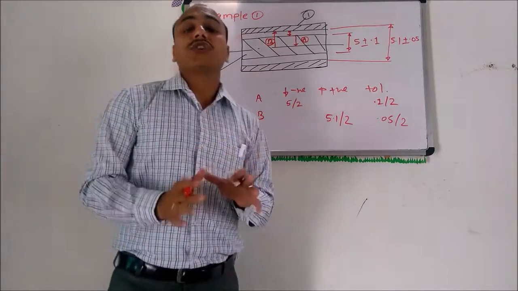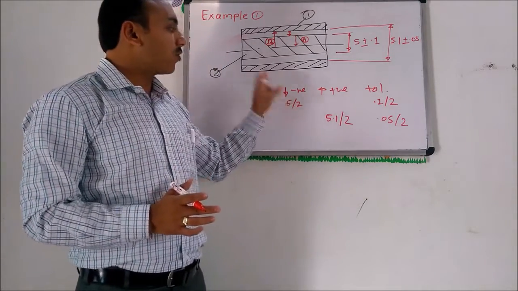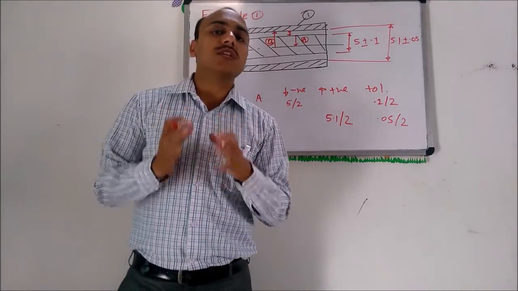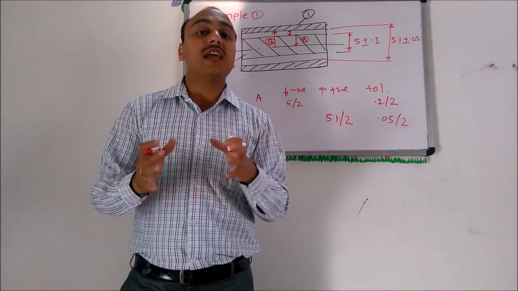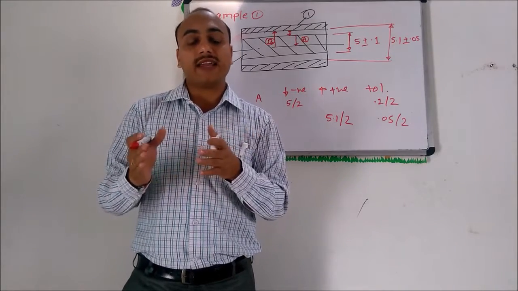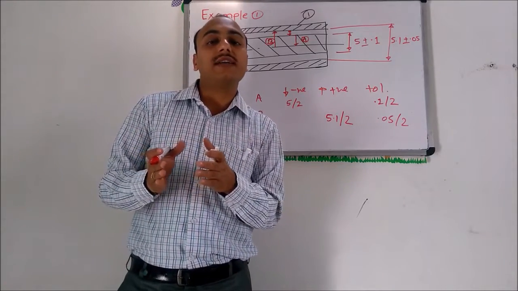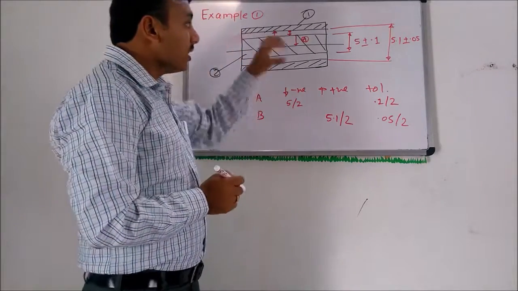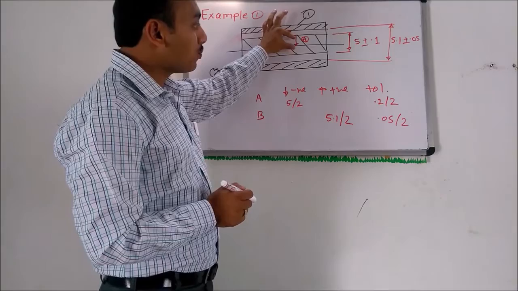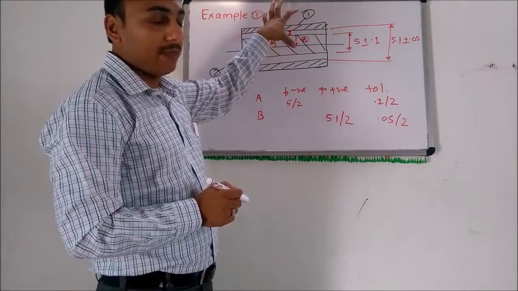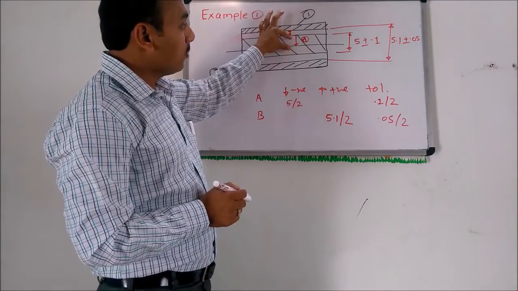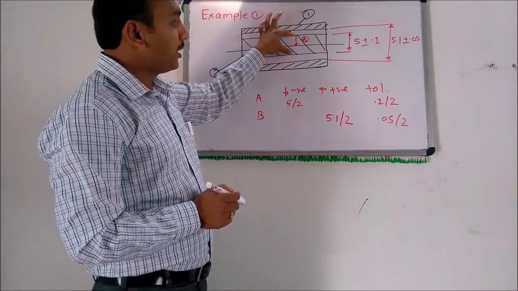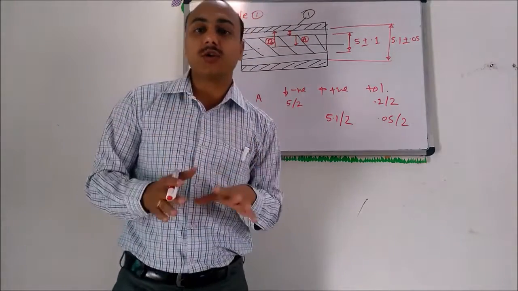But one question is over here: why is downward negative and why is upward positive? There are no such rules in the loop diagram to decide how I can take a direction negative or positive. But one thing you can do: the dimension which, when smaller, will add to the gap, means when this diameter is smaller the gap will be more, I need to keep on the negative side.